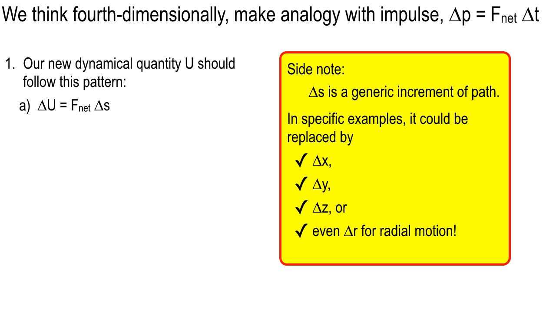I make delta S a generic symbol for any kind of spatial displacement. So if I'm moving horizontally, instead of writing delta S, I would write delta x. If I'm moving in free fall, like free falling downward, I would use delta y.